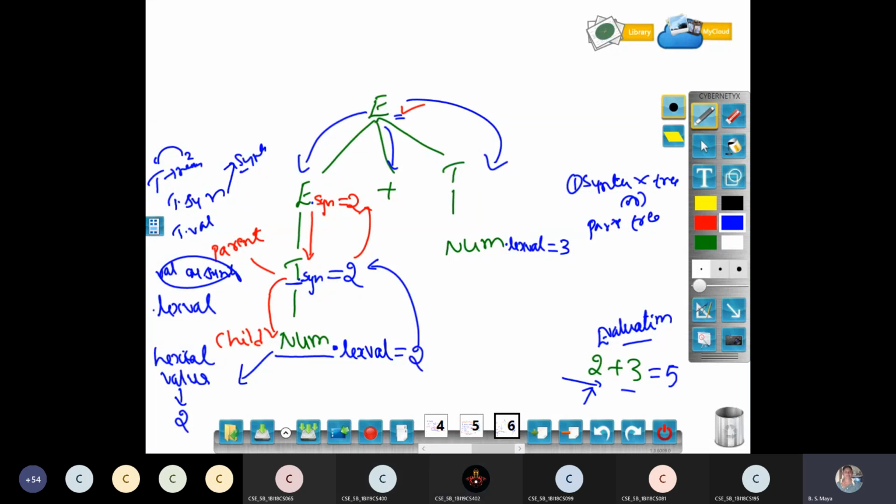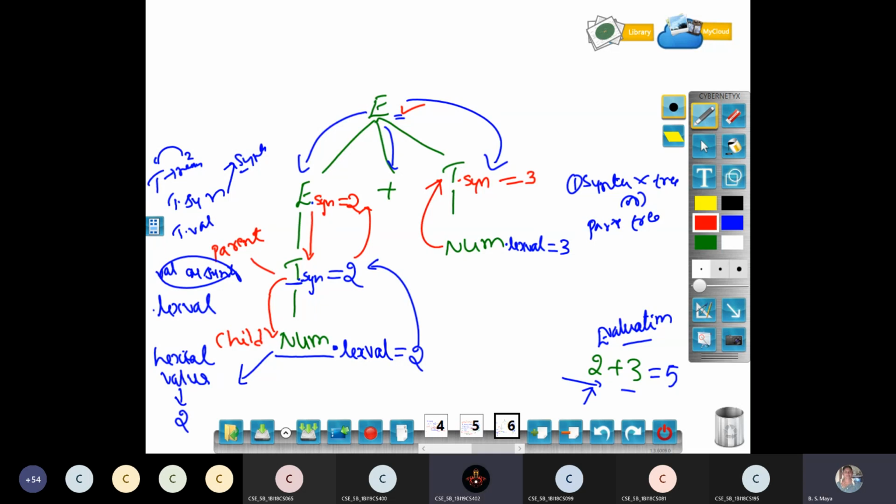Then how to calculate T? T is dependent on number. T is a synthesized attribute and it has value 3, ma'am. Very good. T can take a synthesized attribute? Yes, ma'am. The number value will move on to T. What is the value now? 3, ma'am. Super. Now can I calculate the root node E?